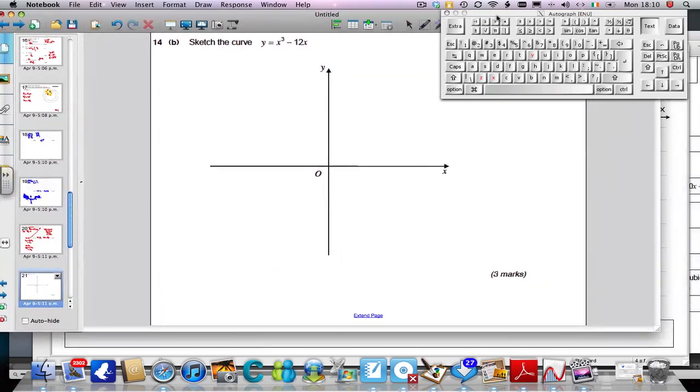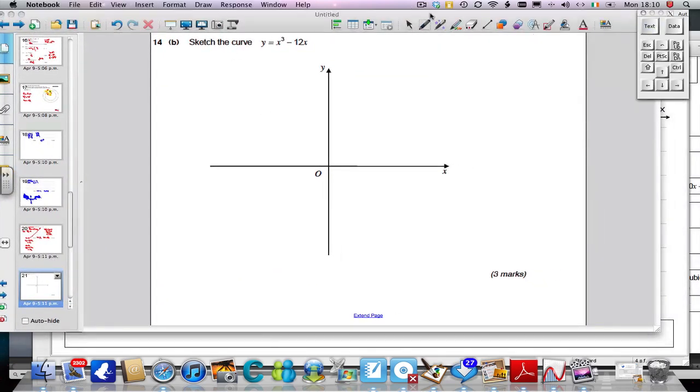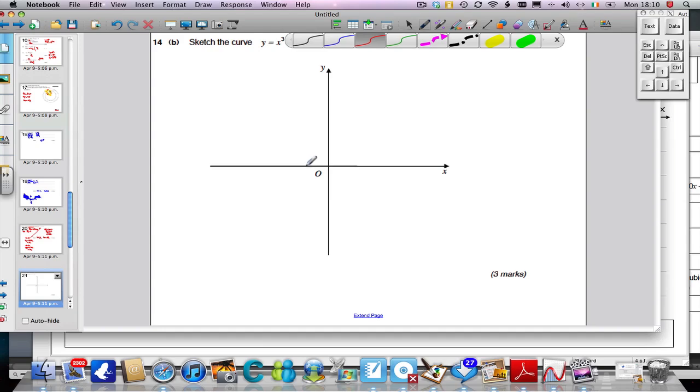Now, we're asked to sketch this curve. So when x is negative 2 and y was 16, we had a stationary point there. When x was 2 and y was negative 16, we had a stationary point here. Anything else we know? Well, what about when x is 0?